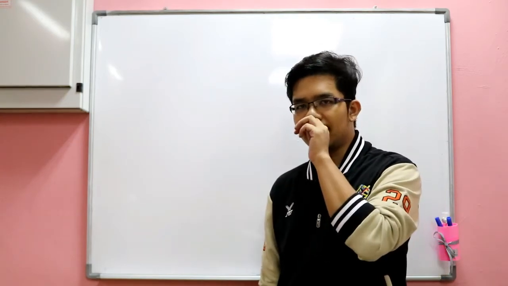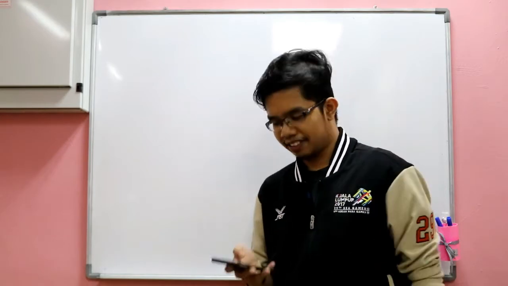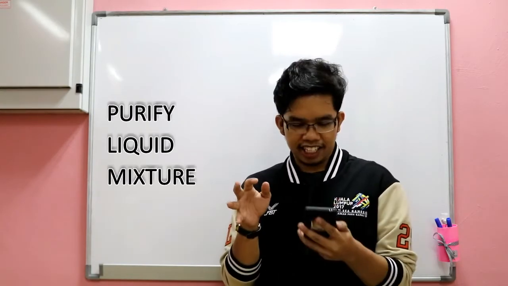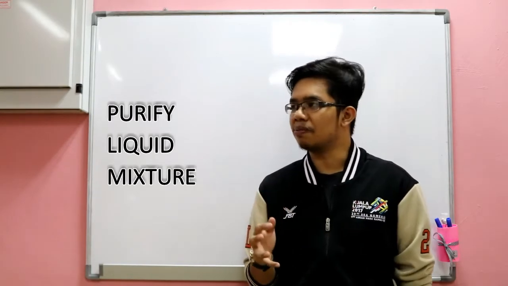Okay, to put it simply, distillation is a process of converting the liquid mixture into vapor and then cooling that vapor back into liquid. The purpose of the distillation process is to purify a liquid by separating the components of the liquid mixture.